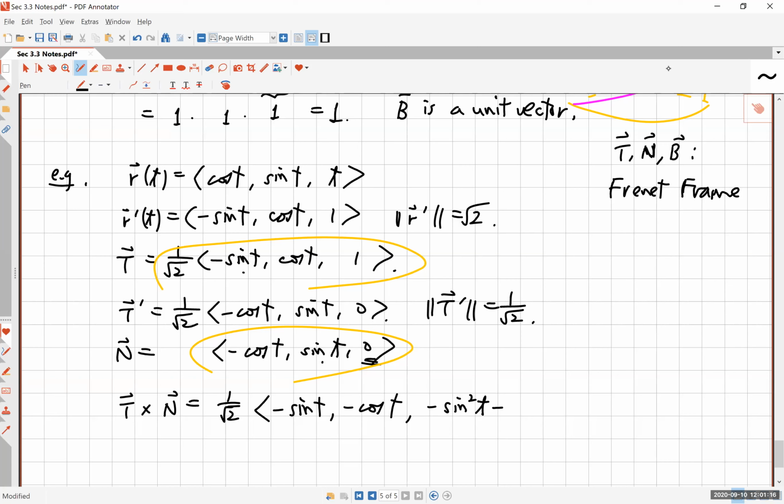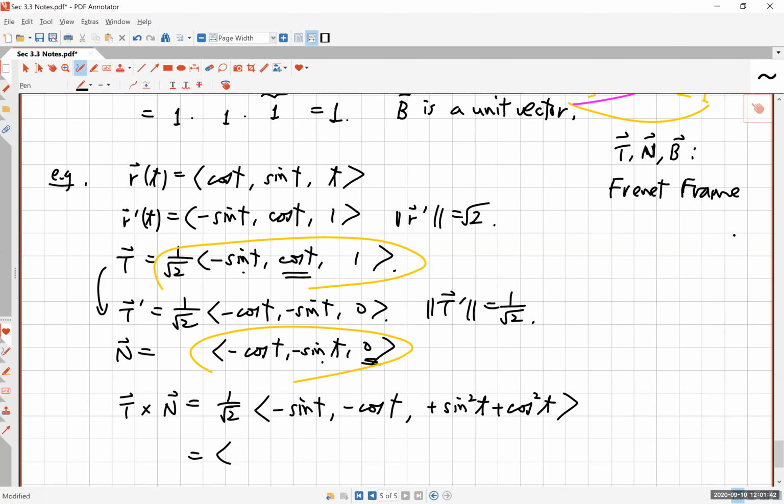And of course, I just realized something silly here. I was in a hurry. When I went from T to the derivative of T, here's cosine, so this should be negative, right? And that should be negative also. Okay, so it's negative cosine, negative sine. So when you take this, it's plus sine squared minus negative cosine squared. So that's going to be plus cosine squared t, and that is of course 1.